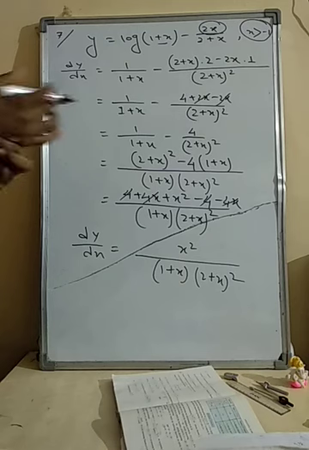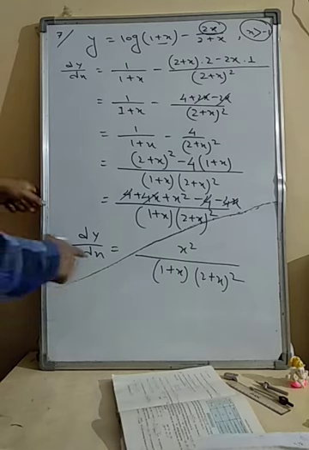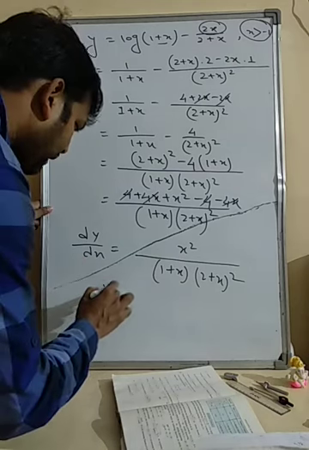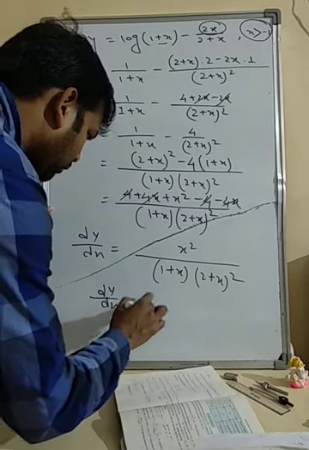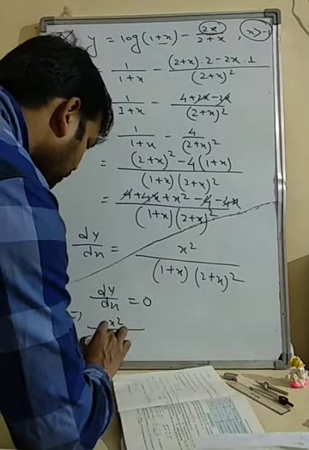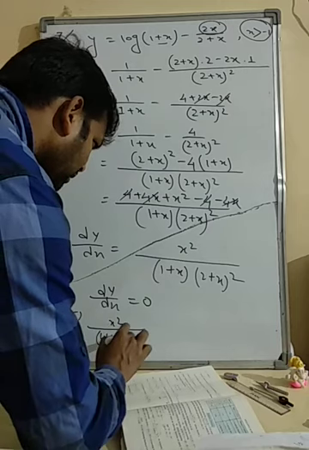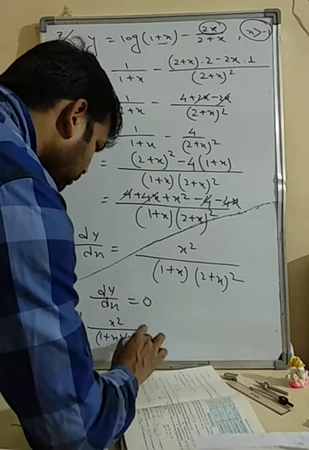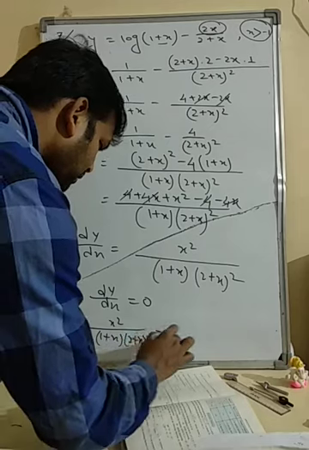Now see, if I write here dy by dx equal to 0, this whole thing equal to 0, x square by (1 plus x)(2 plus x) whole square is equal to 0.